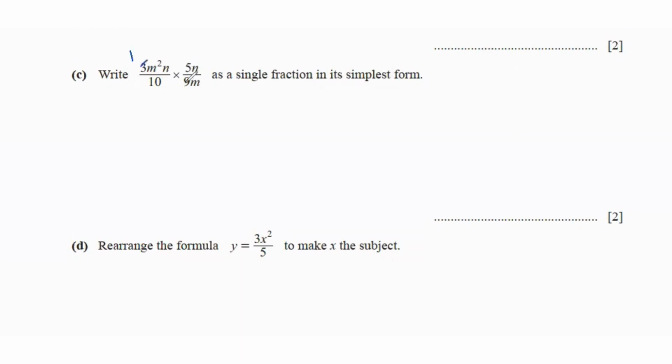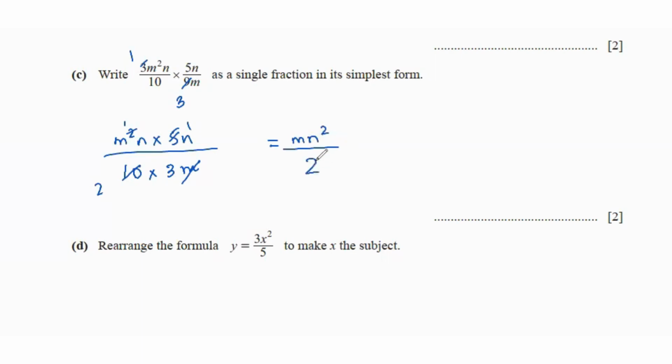So we know 3 ones are 3, 3 threes are 9. So m squared n times 5n over 10 times 3m. 5 ones are 5, 5 twos are 10. This m gets cancelled out. This m becomes m to the power of 1. So that's going to be mn squared over 2.